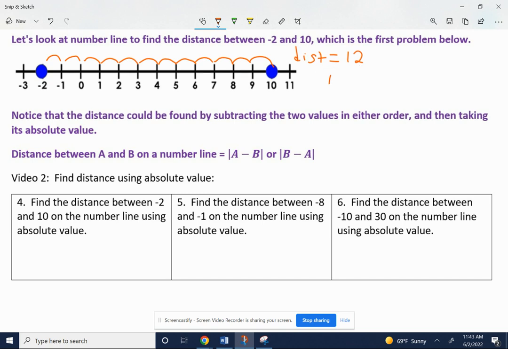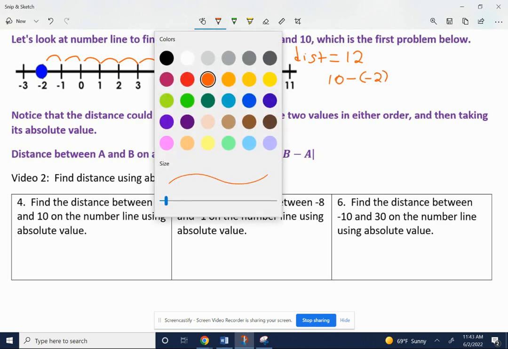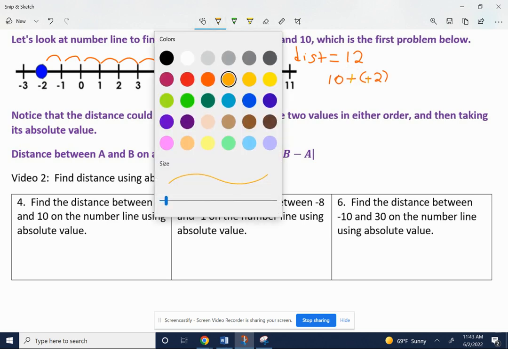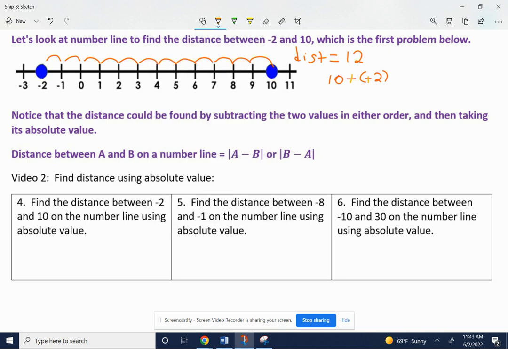If I take 10 minus -2, I do have to remember that minus a negative is the same as plus a positive. I'm going to get 10 minus -2, or 10 plus 2, is 12. So I could subtract the 10 and the -2, and I get the distance of 12.